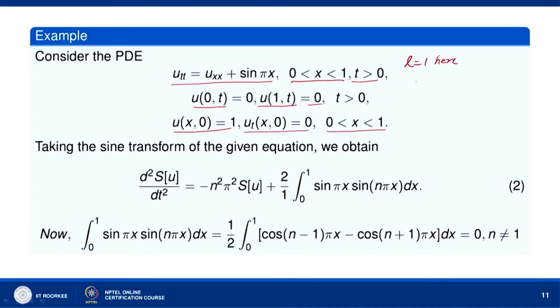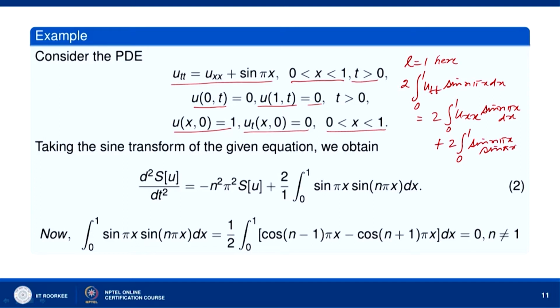So, 2 times the integral from 0 to 1 of u_tt sin(n pi x) dx is equal to 2 times the integral from 0 to 1 of u_xx sin(n pi x) dx plus 2 times the integral from 0 to 1 of sin(n pi x) sin(pi x) dx. So, that will give us the Fourier sine transform of the given equation.